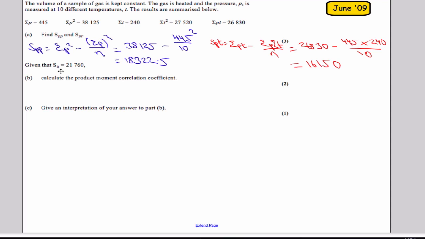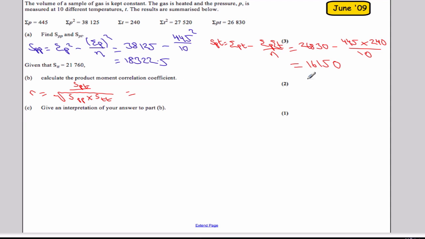Now we're given Stt. Calculate the PMCC. The PMCC r equals Spt divided by the square root of Spp times Stt.